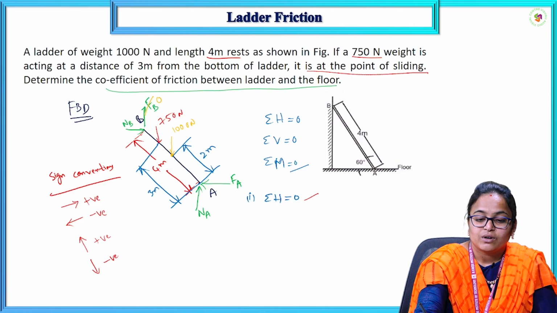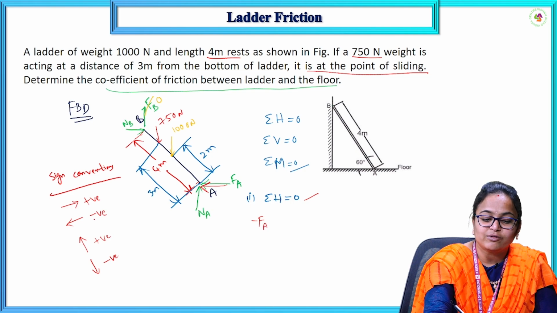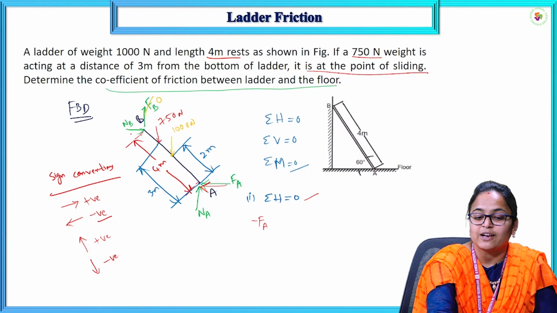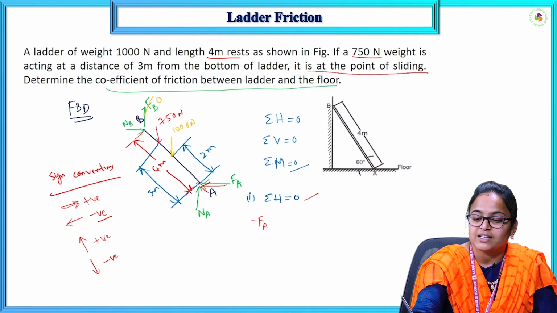Now, at point A we have FA, acting towards the left, that is minus FA. The force acting left we consider as negative, and the other force we have at B is NB. NB is acting towards the right, and the right side force we consider as positive.